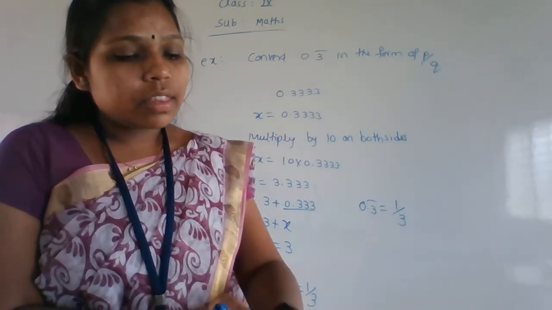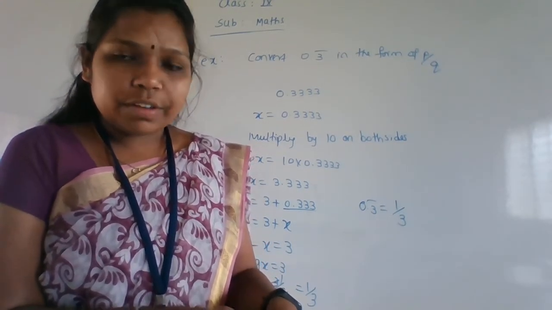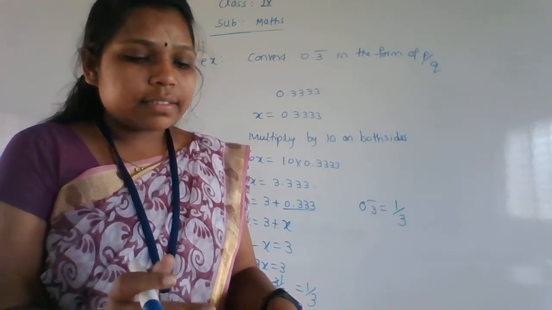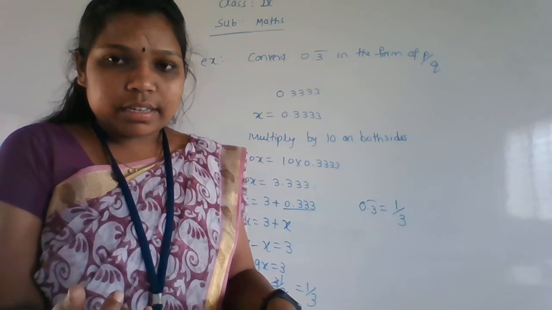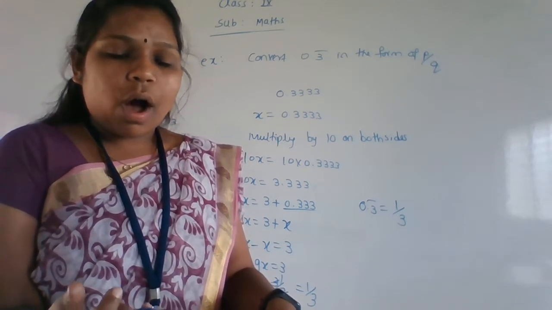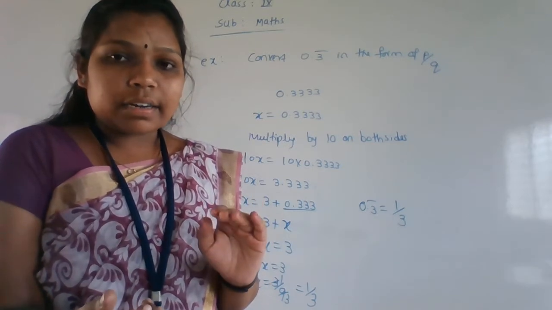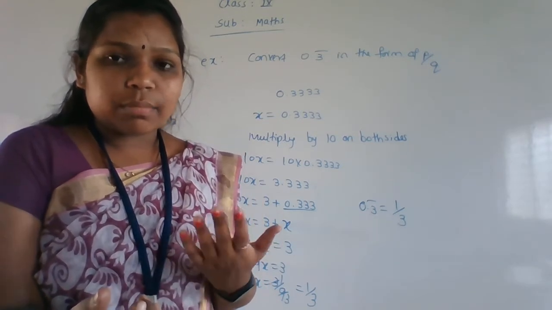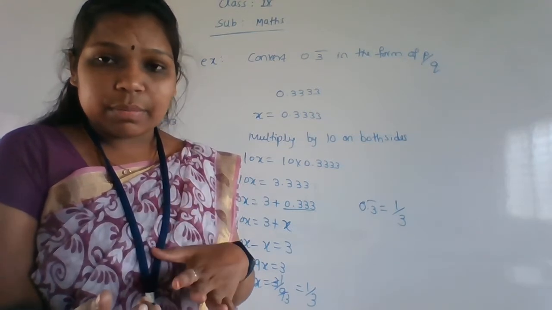First one: write the following in decimal form and say what kind of decimal expansion each has. It means you have to say how the decimal expansion is. In the beginning I told you some get a remainder of 0 and some never get a remainder of 0.